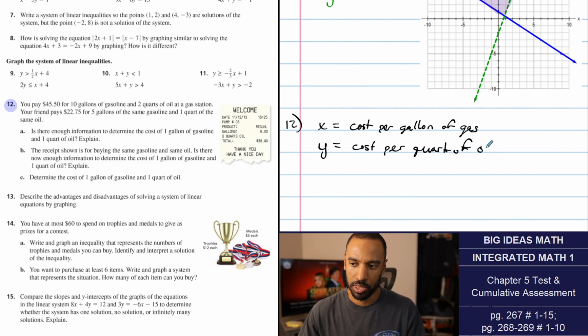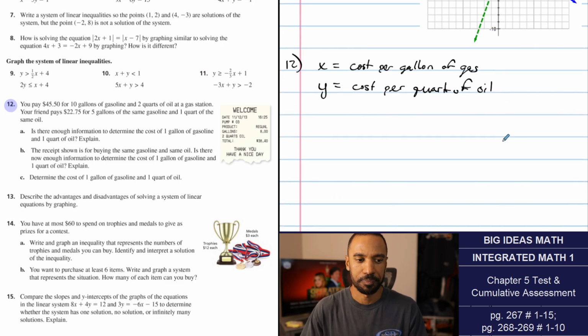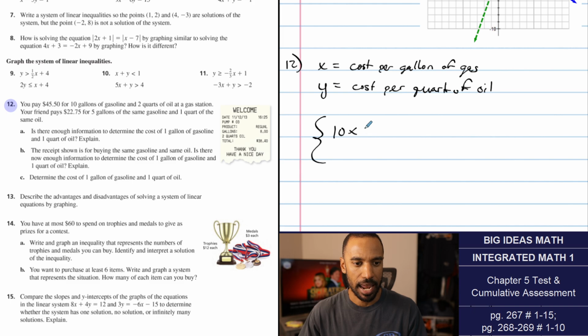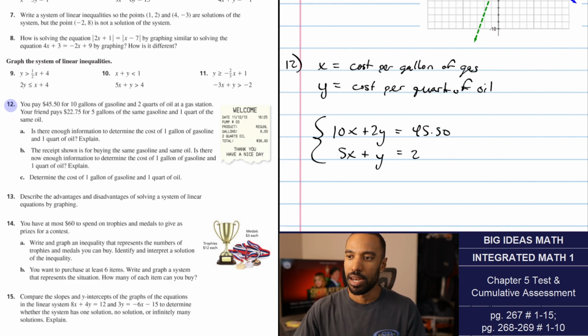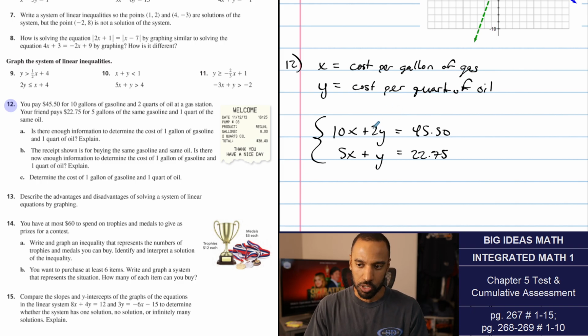Here's the problem with this one. When you set it up as a system of equations, we have 10x plus 2y equals 45.50, and then 5x plus 1y equals 22.75. Before I was saying slopes are different, 10 and 5, but I didn't realize this was a 2y right here.